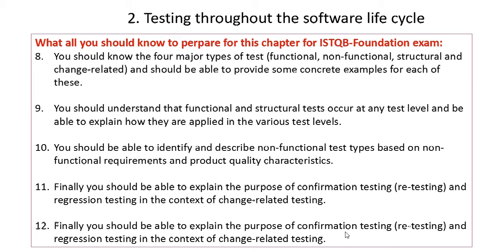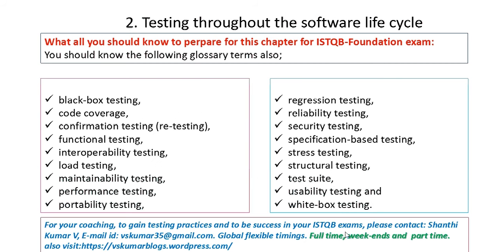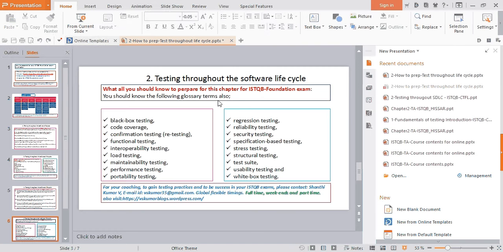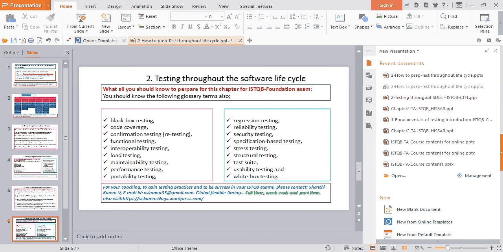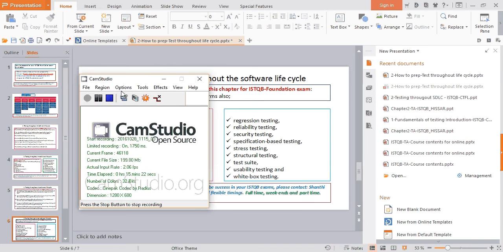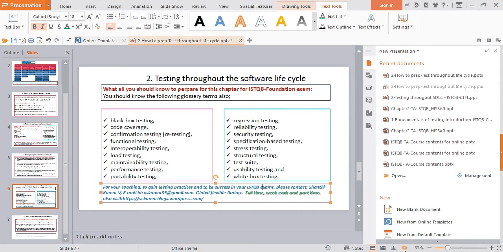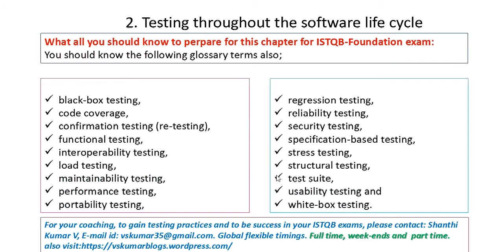And if you see here, there is another set of terminologies related to testing available here. We will see each of them. Now let us see the terminologies which are given in these boxes.